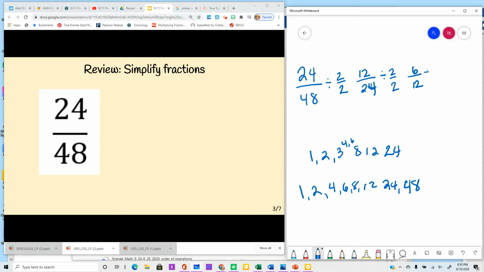Or I see that 6 is in both of these numbers, and that's going to give me 1/2. If we use the greatest common factor method, you can see I have 24 here and 24. So I could have gone 24 over 48 divided by 24 gives me 1/2. Whichever way is easiest for you to understand is the way that you can do this.